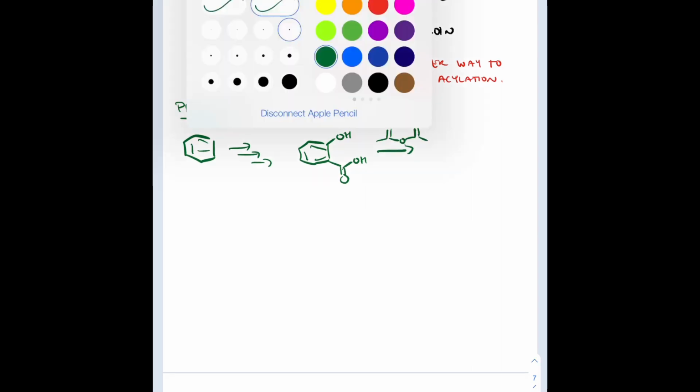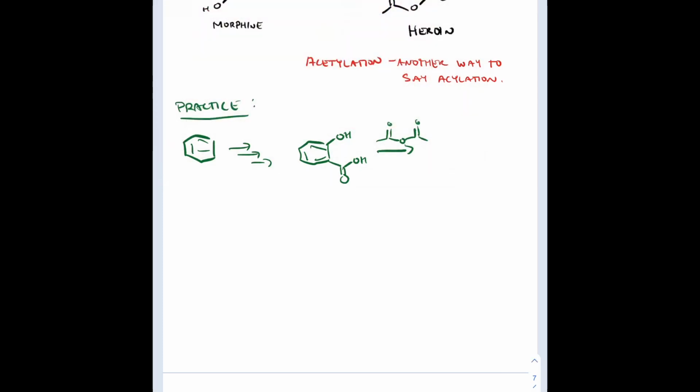It would be the top one, and that's because the OH on the carboxylic acid is resonance stabilized. So that's actually where you would add the acyl group. So this is, again, an acetylation or an acylation reaction.